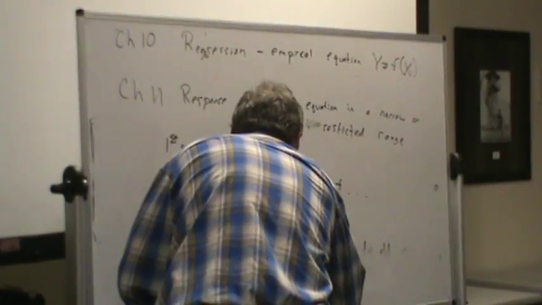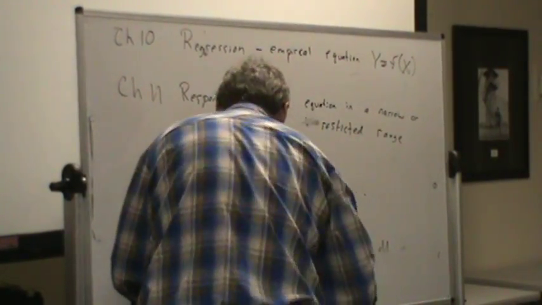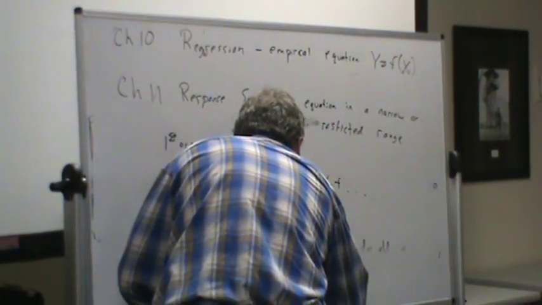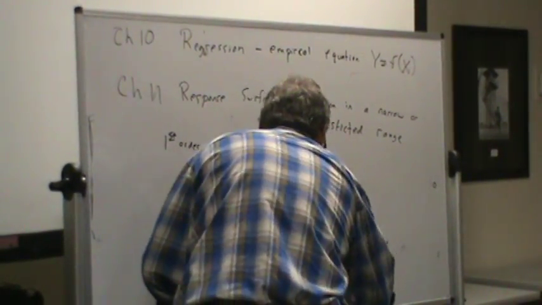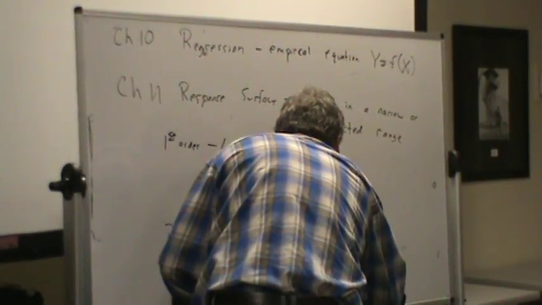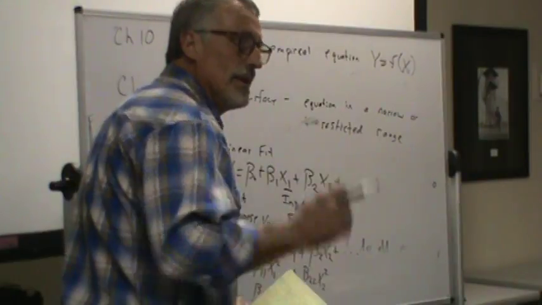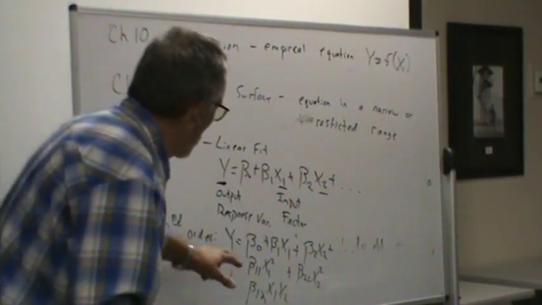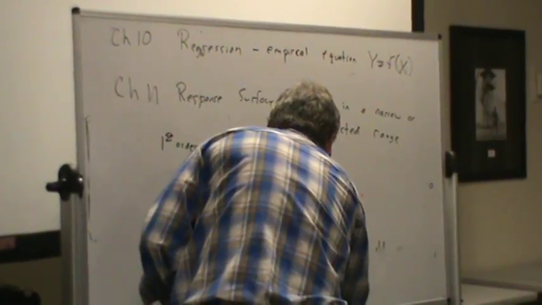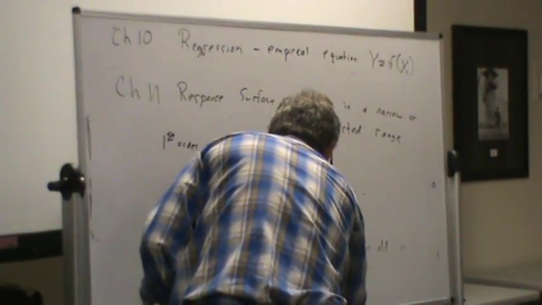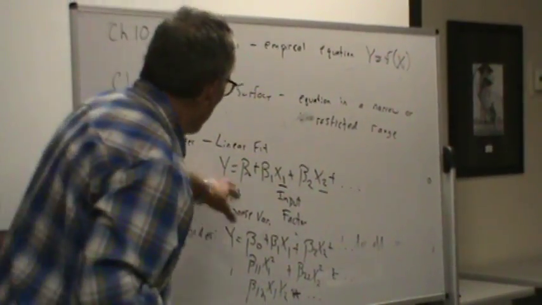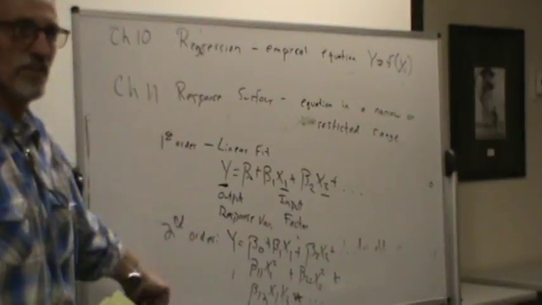So we might have beta 1,1 times x1 squared, and then beta 1,2 times x1 times x2, and we're going to go on forever, including the squared terms and all the cross terms. So we're getting a better fit. One is a linear fit, one is a quadratic fit.